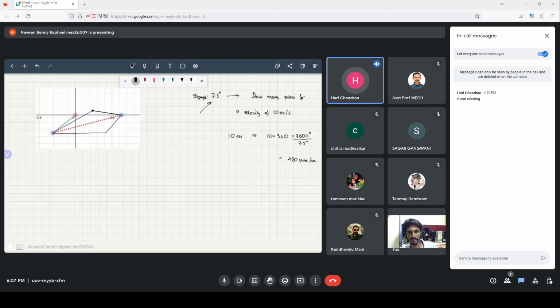Another question: if a DC motor is producing a torque of 2.6 Newton meter when the armature current is 2 amperes, what is the torque when the armature current is 0.5 amperes?